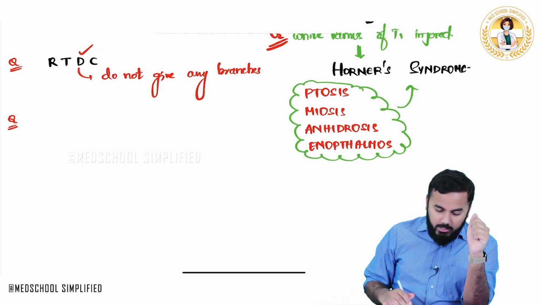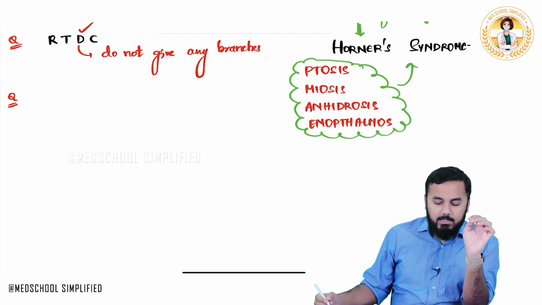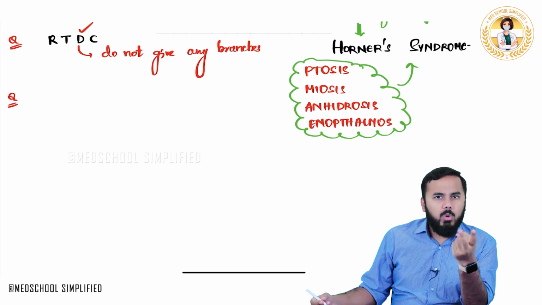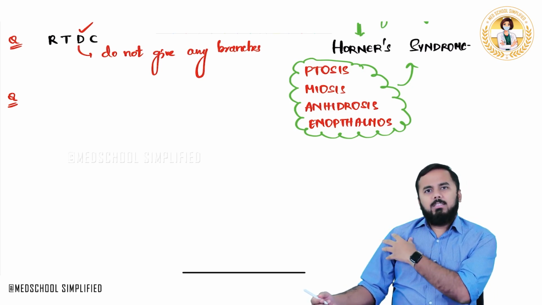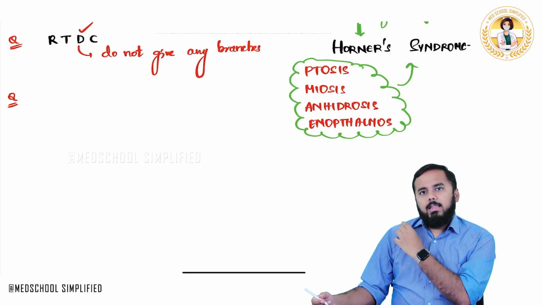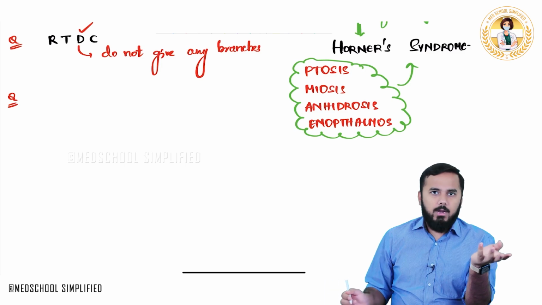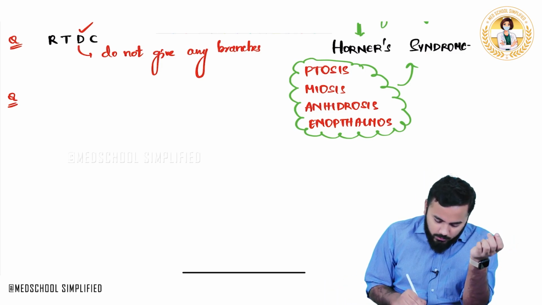Now, when it comes to the arterial supply of the brachial plexus, which arteries are supplying it? There are only two arteries in this area. One is the subclavian artery, not the axillary artery, and the other is the vertebral artery. So the arterial supply to the brachial plexus comes from the subclavian artery as well as the vertebral artery.